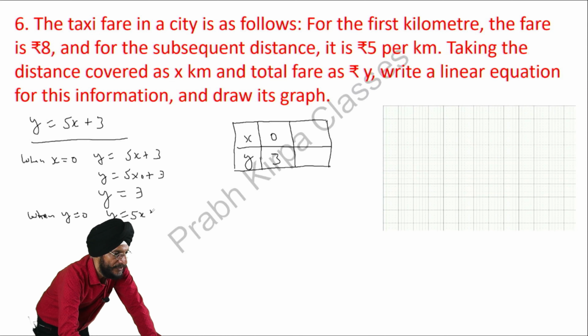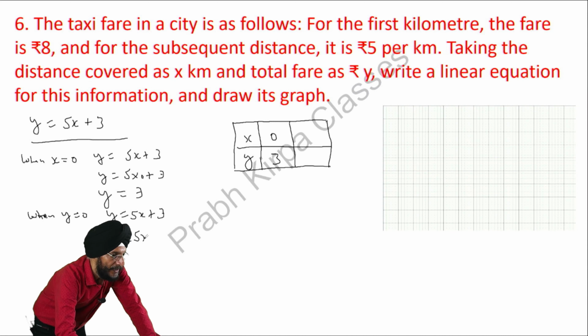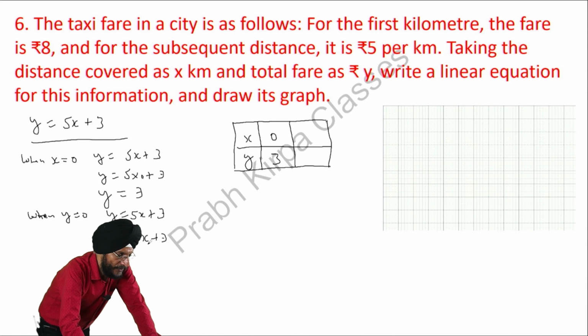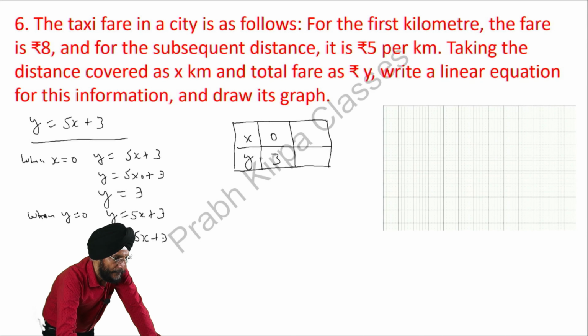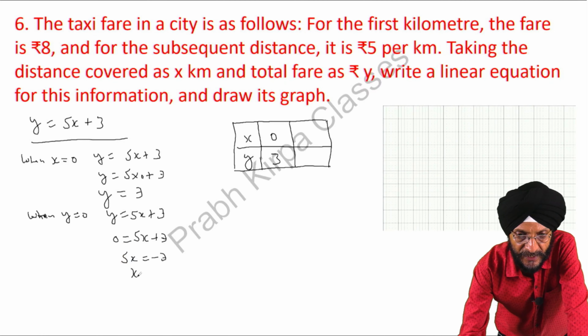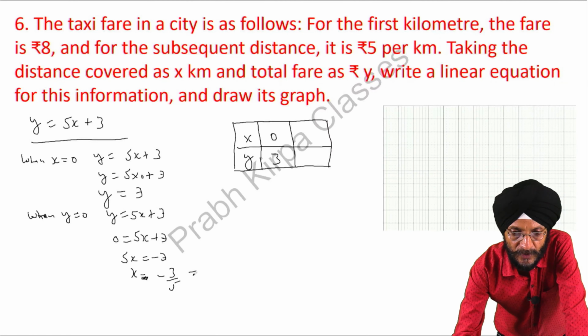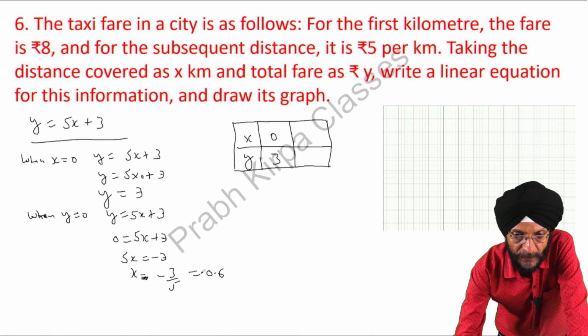This is the equation, 0 is equal to 5x plus 3, or in other words 5x is equal to minus 3, because 3 will go to the other side and become minus, and x will be equal to minus 3 over 5. We can also write it as minus 0.6.